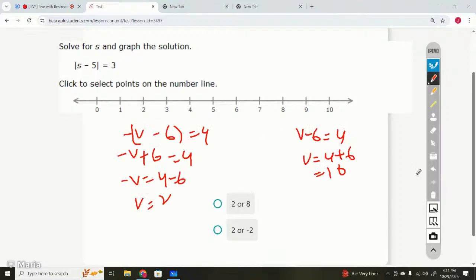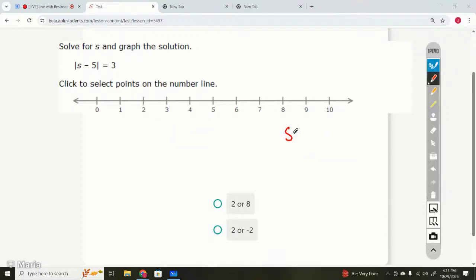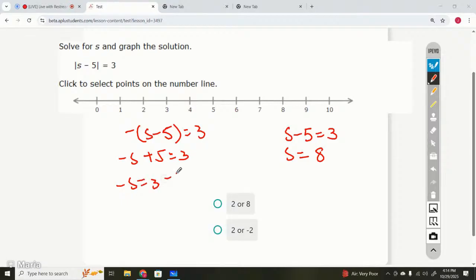The absolute value of S minus 5 equals 3. S minus 5 equals 3, so S equals 8. Negative S plus 5 equals 3. Negative S equals 3 minus 5. S equals 2.